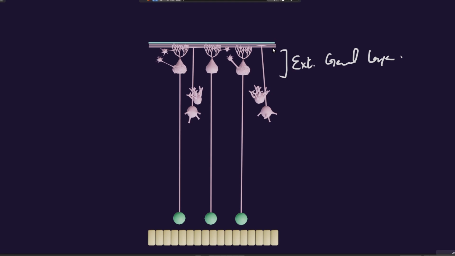But what I think is that as these Purkinje cells moved here, maybe now they are thinking they are the external germinal layer. So ultimately, as they migrated here, they have formed the Purkinje cells.